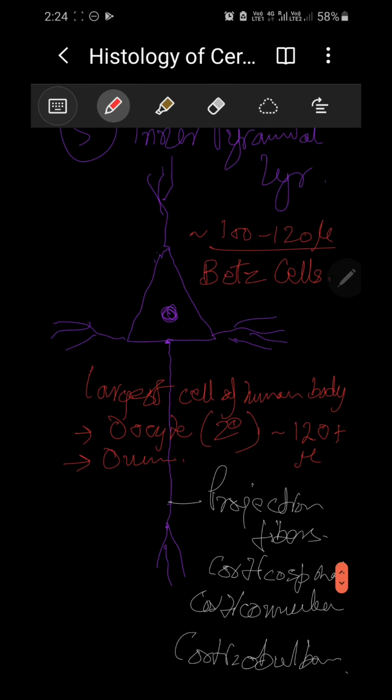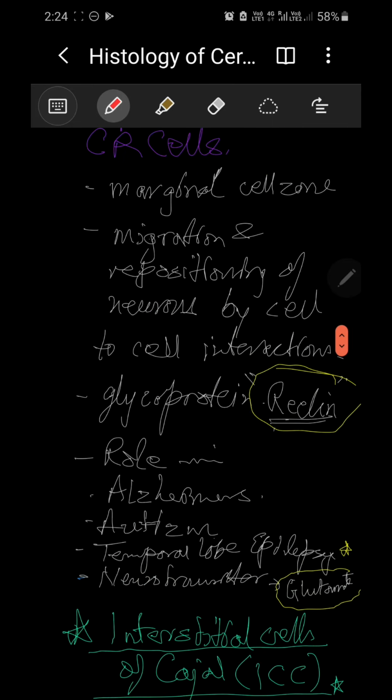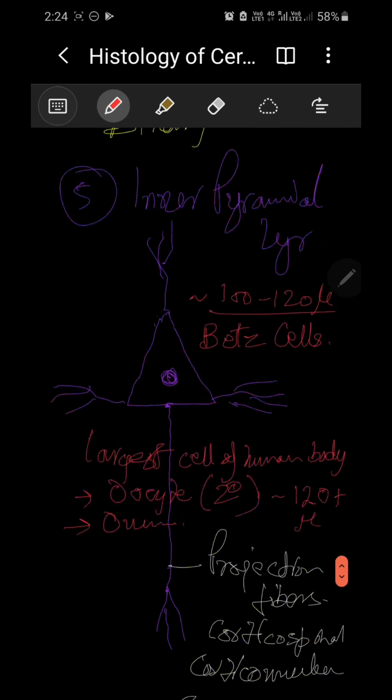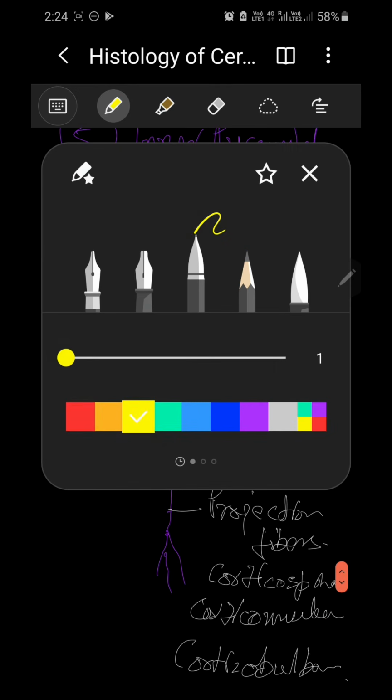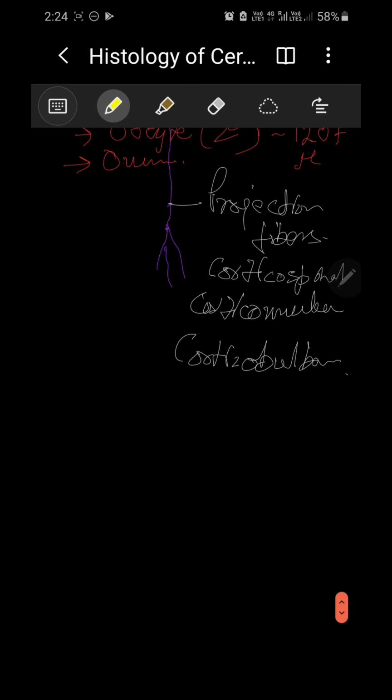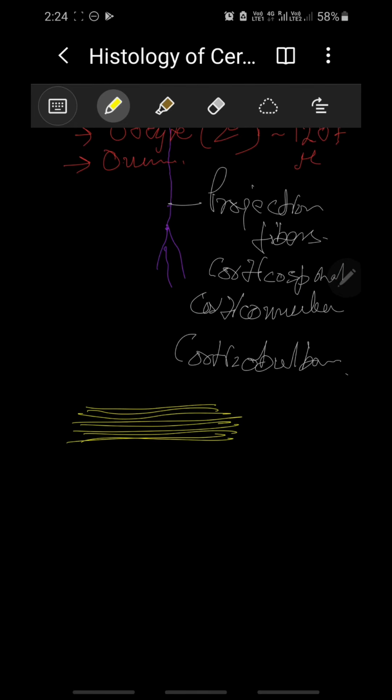So that was about these projection fibers. And don't forget, I told you that the inner surface of the fifth layer also has this horizontal band of fibers running like this, and this is called the inner band of Baillarger.